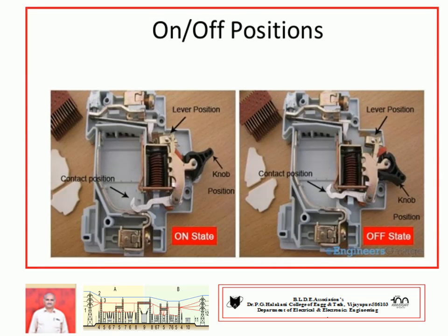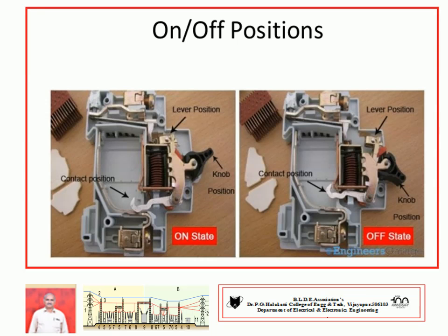These two diagrams show very clearly when the MCB is in the on state. You see the lever position is in contact with the bimetal strip, and the outgoing terminal and incoming terminal are in contact through the fixed contact and movable contact, as shown in diagram number 1.